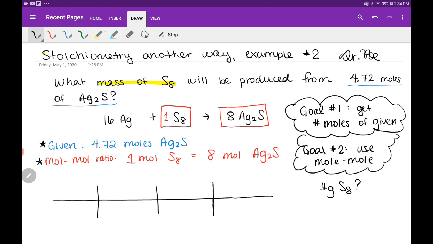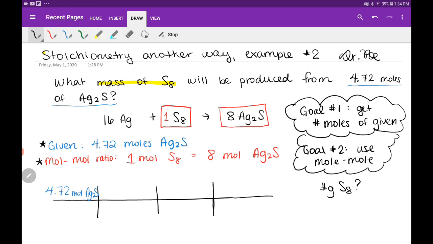Okay, so the first thing that we write down in this very first box right here is our given. 4.72 moles of Ag2S. Whew, squeeze that in there. Okay, and so now let's pause and let's look at our goals.